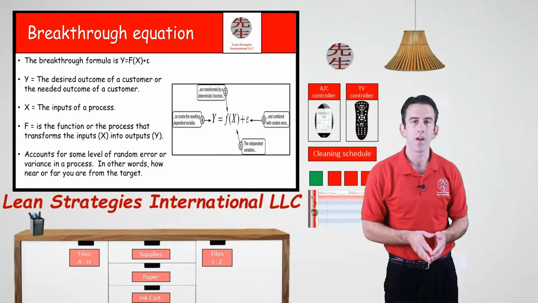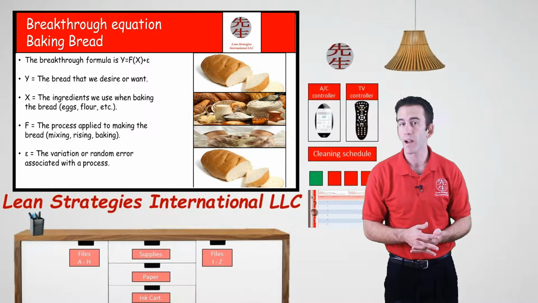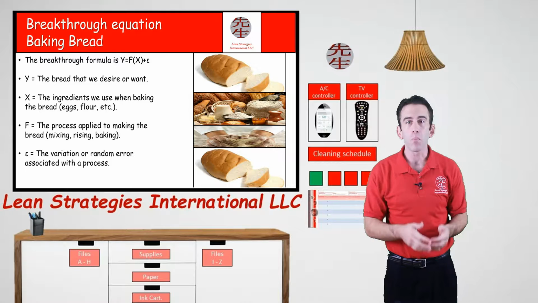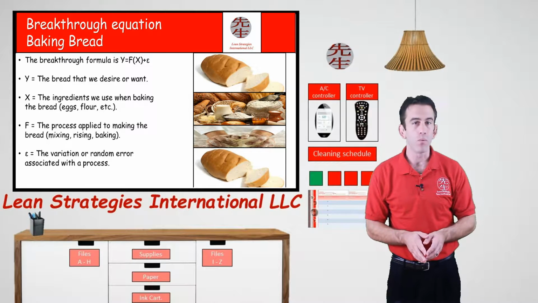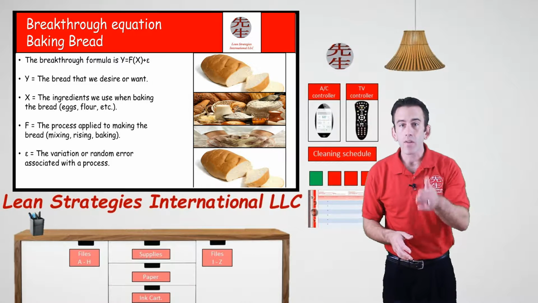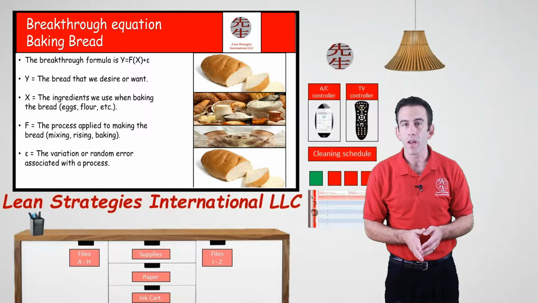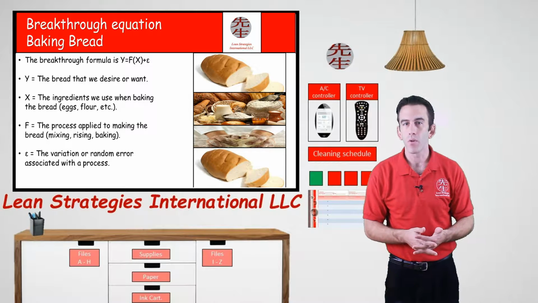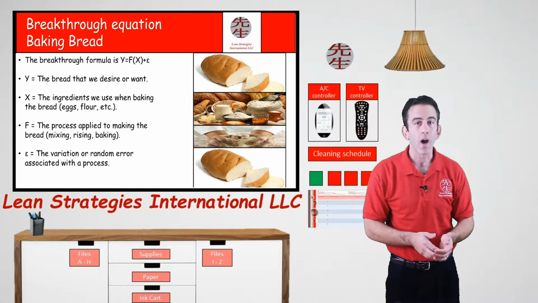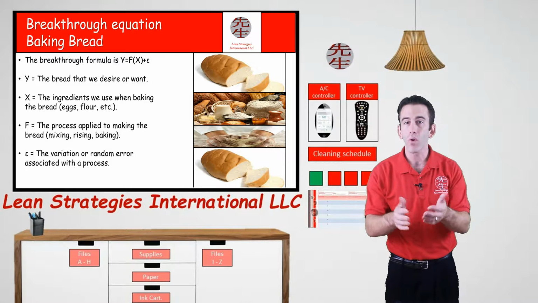Let's use this formula in comparison to an activity that we can relate to a little better, like baking bread. The y represents the warm, fluffy bread we desire. The x are the ingredients that we put into our bread, and the f is the process we apply to it, like mixing, rising, cooking, and cooling.